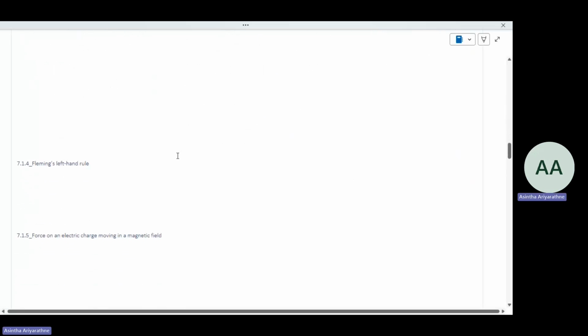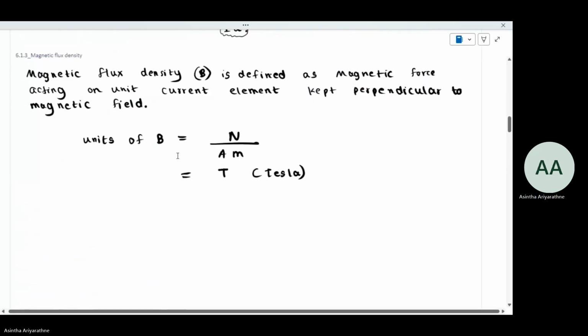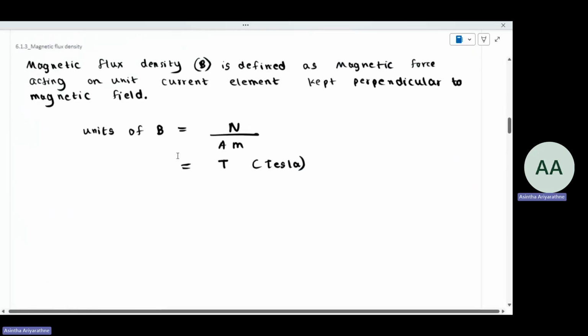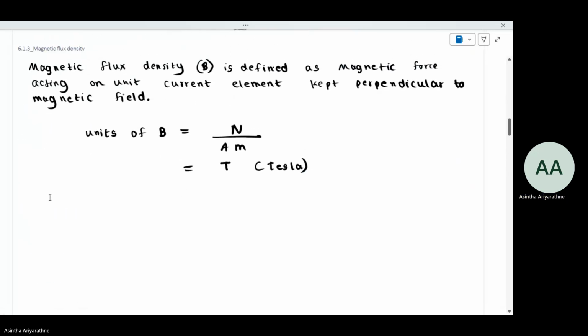Then we'll talk about some of the basic distributions of magnetic fields, right?